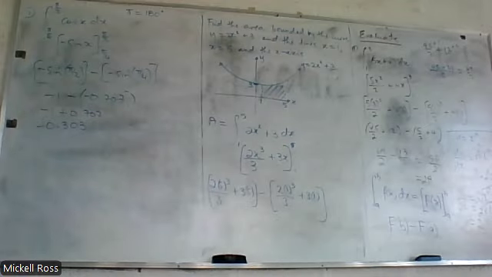5 to the third power is going to give us 125, times it by 2, we get 250. 250 divided by 3.